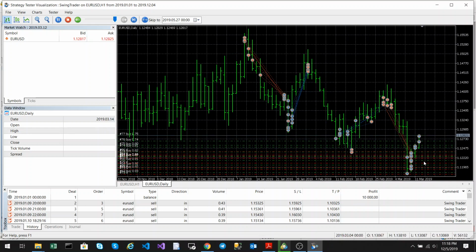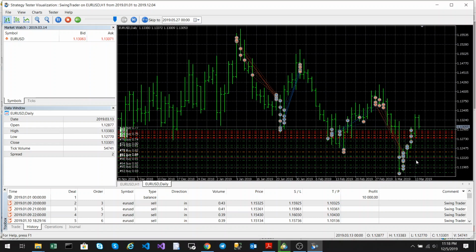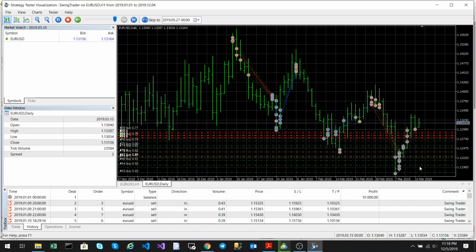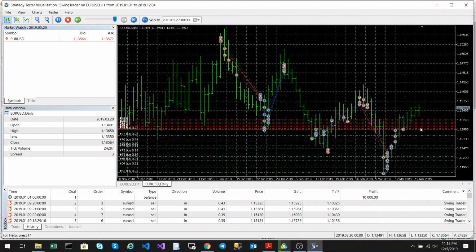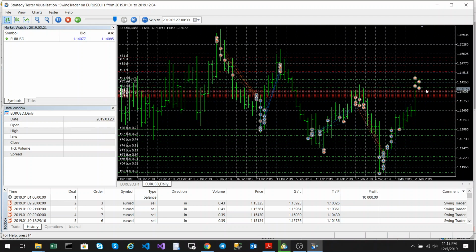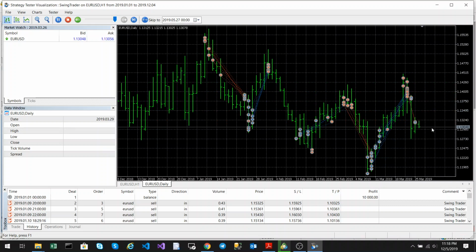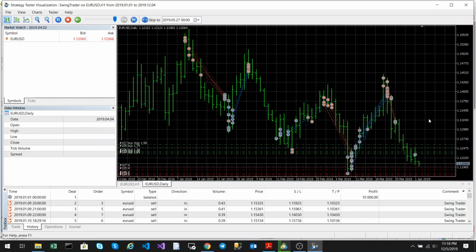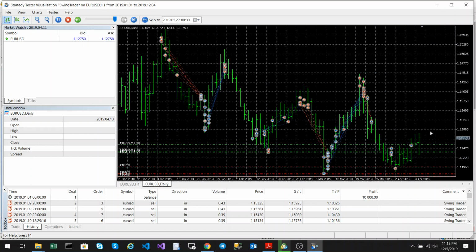Also, I recommend keeping a tight stop loss due to the fact that the trade can go the other way and you'd like to get out early. And this is a longer term trading strategy, so the stop losses and the take profits are quite long, and the trailing stop is quite high, just so that it trades for longer periods of time and takes maximum profits.